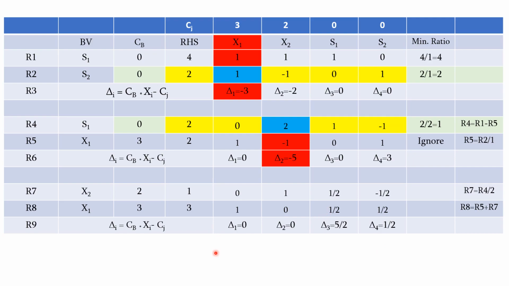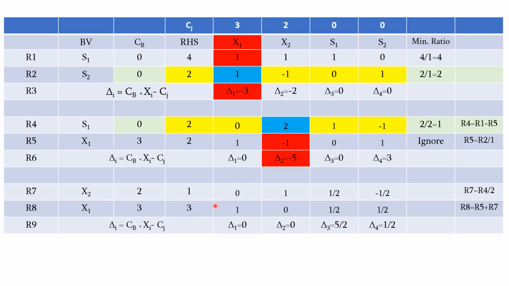In the basis, what are the variables? x1 and x2. The corresponding values in the RHS column you have to consider. So x1 is equal to 3 and x2 is equal to 1.